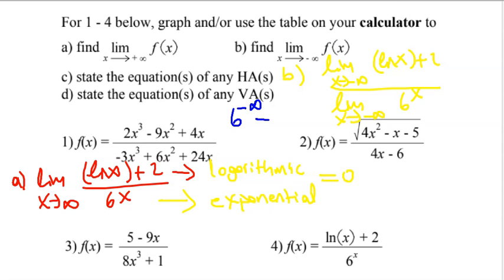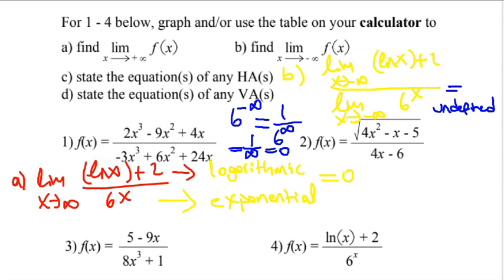This can be written as 1 over 6 to the power of infinity. 6 to the power of infinity is infinity, and 1 over infinity is 0. So the bottom limit is equal to 0, which means we have a limit value on top divided by 0, so it's going to be undefined.